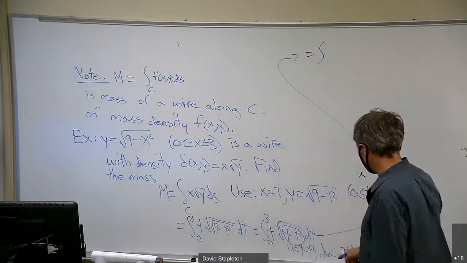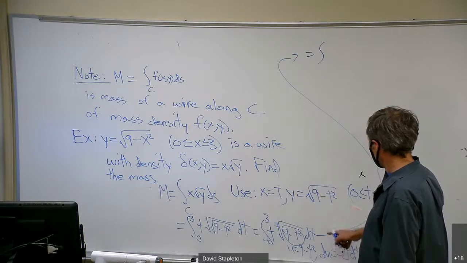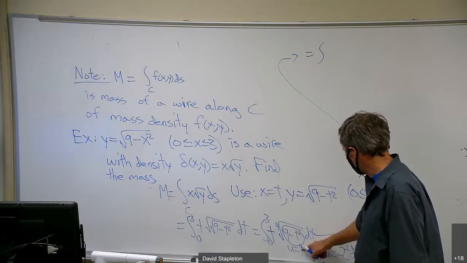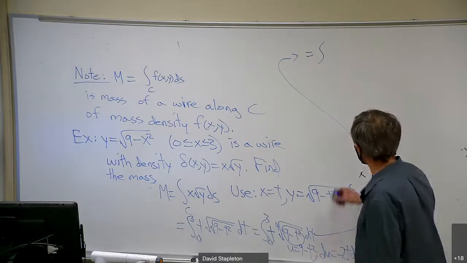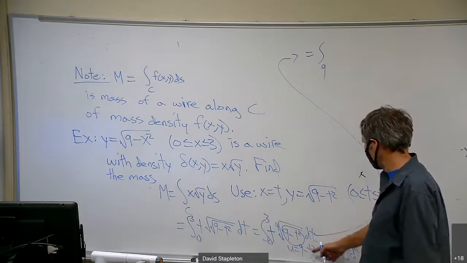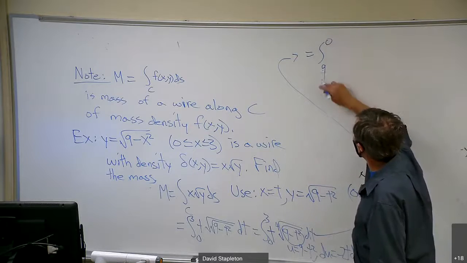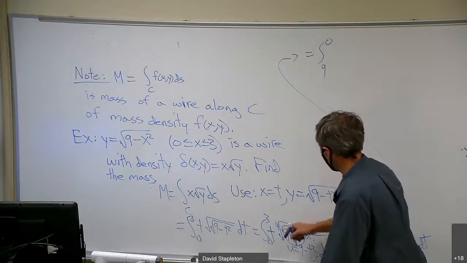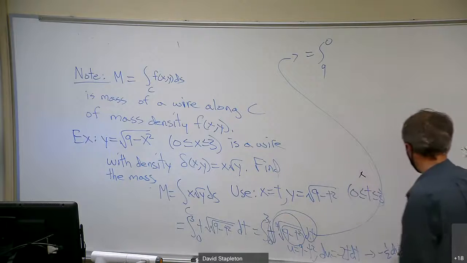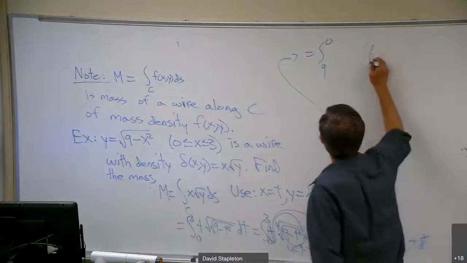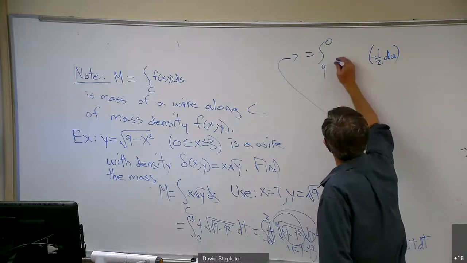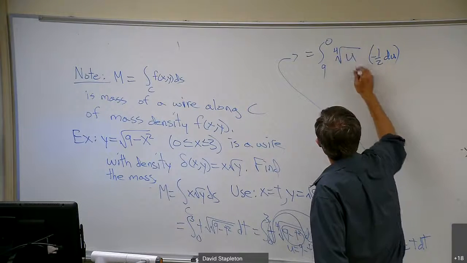Let's see, when t equals 0, u is 9 minus 0 squared, which is 9. When t is 3, u is 9 minus 3 squared, which is 0. So this integral goes from 9 to 0 over u. T dt gets replaced by minus a half du, and then this is the fourth root of u. So it becomes that.